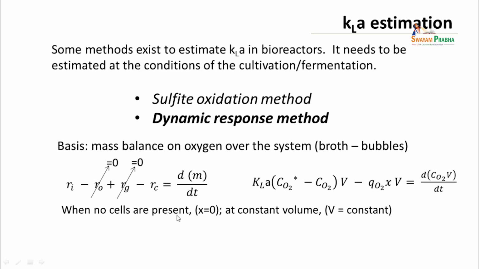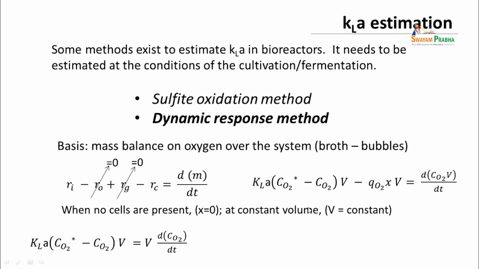When no cells are present, X, the cell concentration, is 0, and at constant volume, V is a constant. So this term completely goes away, and you can take the volume out of the derivative: V dCO2/dt on one side and KLa (CO2 star minus CO2) times V on the other.